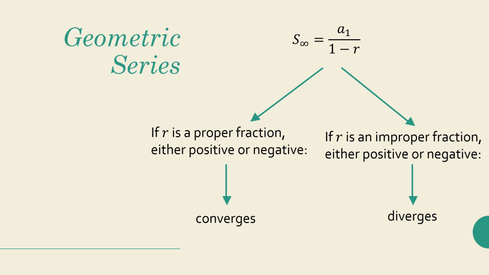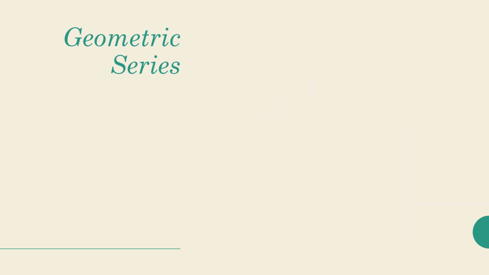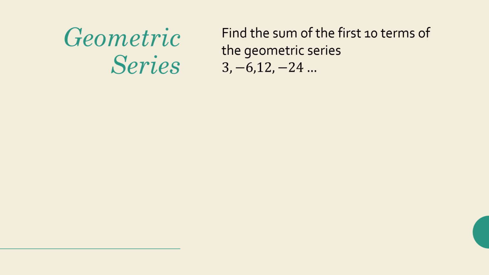Here is an example. Find the sum of the first 10 terms of the geometric series 3, -6, 12, -24, and so on. To find the sum of the first 10 terms, we first have the given. a sub 1 is 3. n is 10, since the first 10 terms is mentioned.